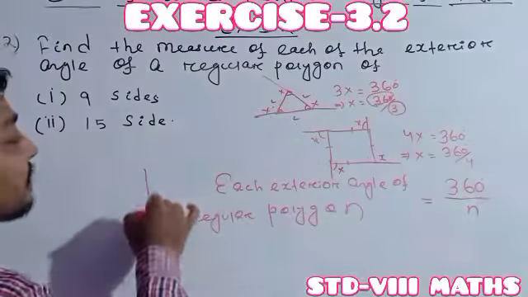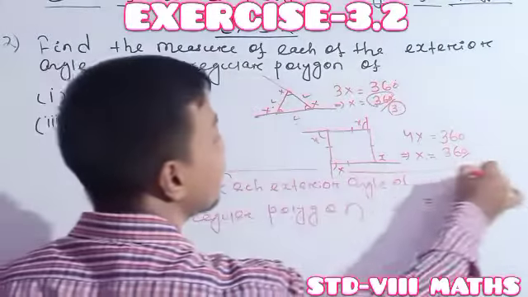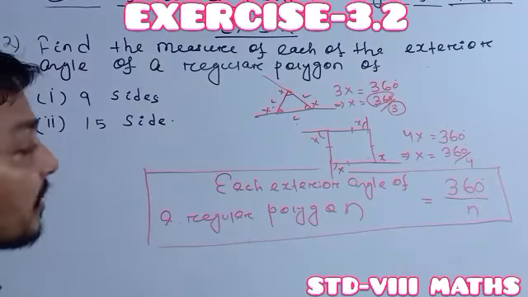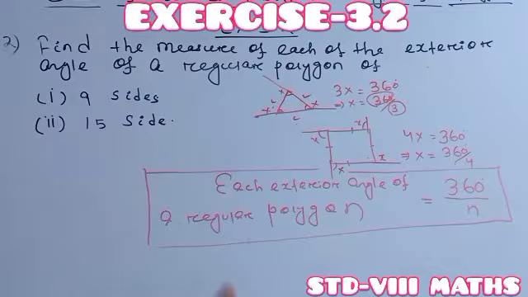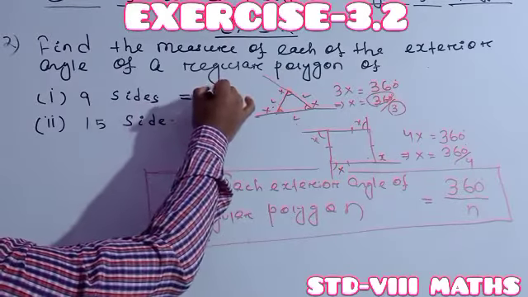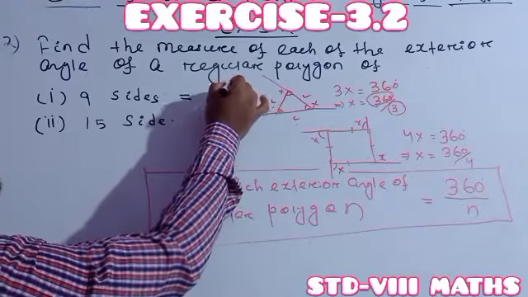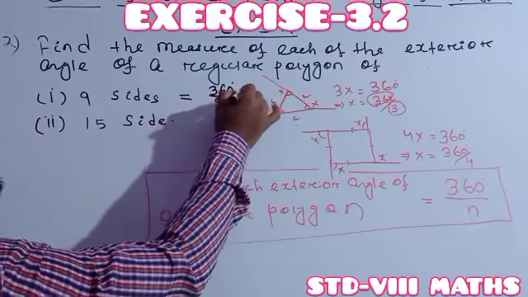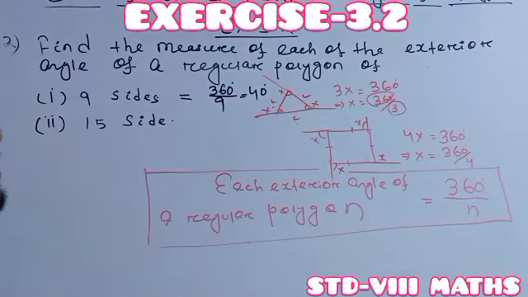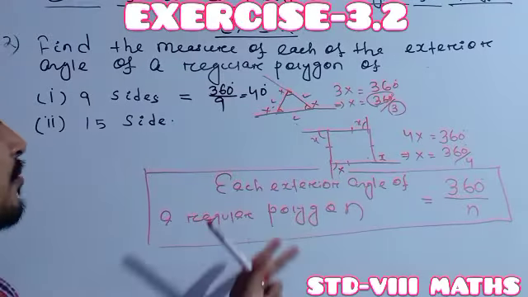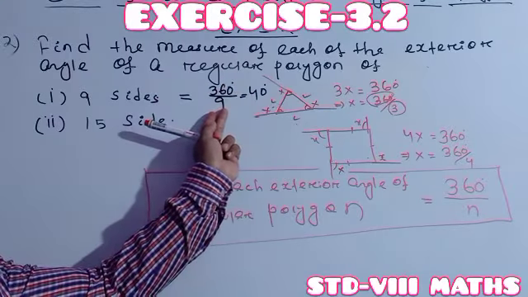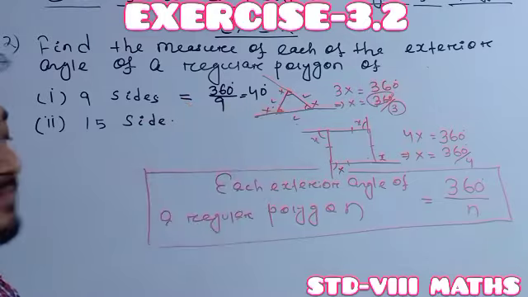N means the number of sides. Understood? N means number of sides. So here you directly write a regular polygon of n sides. Here the formula is 360 degrees divided by 9, which is equal to 40 degrees. So each exterior angle is equal to 40 degrees. How? With this formula, 360 degrees divided by the number of sides the regular polygon has.